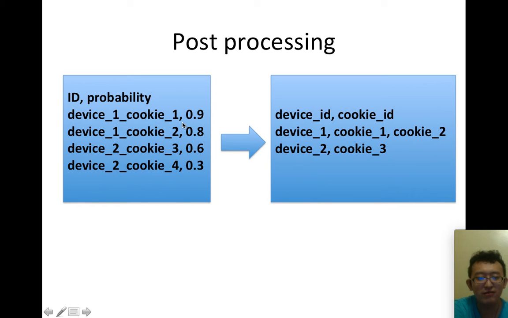This translation takes more than just thresholding. For example, maybe we will take both cookie 1 and cookie 2 as the true predicted cookies, but we will only take one candidate cookie of device 2 as the true final predicted cookie.